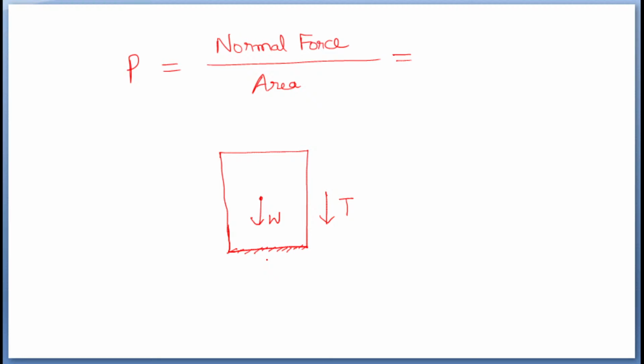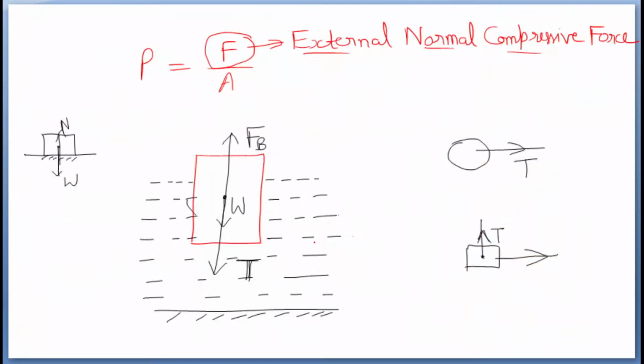We have to consider which force. This is the beauty of the concept. Tell me quick, which force you have to consider, this W or this T or FB. FB is acting in the upward direction. Upward direction means compressive nature. That's why I have written clearly, see, external normal compressive force. This is the beauty.